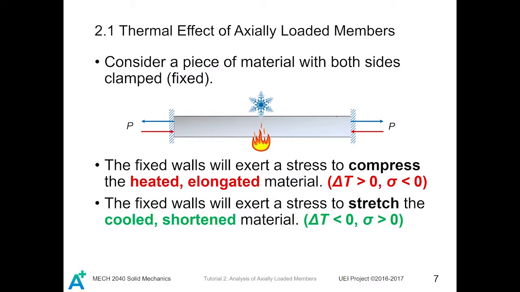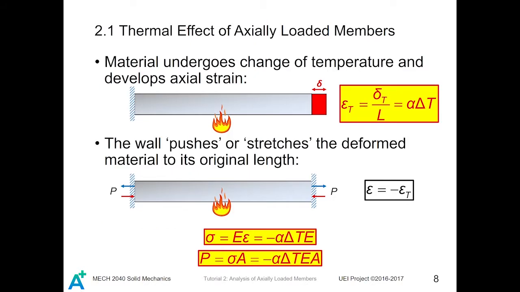So this is the reason why we consider the bar under the clamped condition, because under such condition there will be axial force, axial load, and consequently axial stress acting in the cross-section of this beam. Consider the case of heating. It is rather similar to cooling, but if we understand this case, then we can extend our knowledge to the cooling concept.